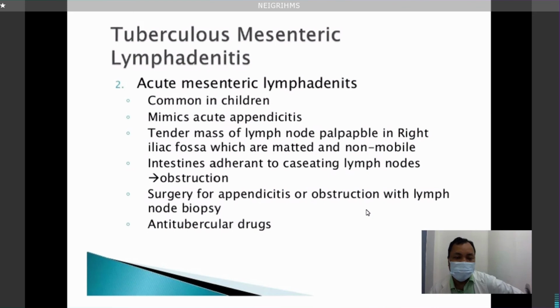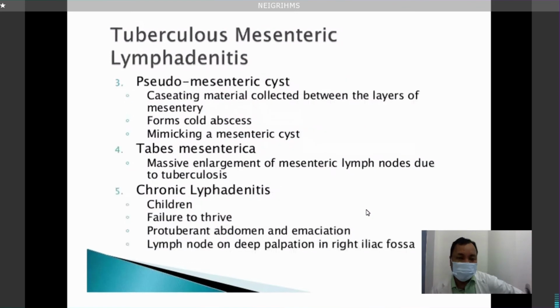Whereas in the case of acute appendicitis, because of the inflammatory process that will lead to some amount of adhesion, the area of tenderness usually will not shift. Okay, that is how, to some extent, sometimes we may be able to differentiate between a case of acute mesenteric lymphadenitis and acute appendicitis. Otherwise, the treatment is clear-cut antitubercular treatment.